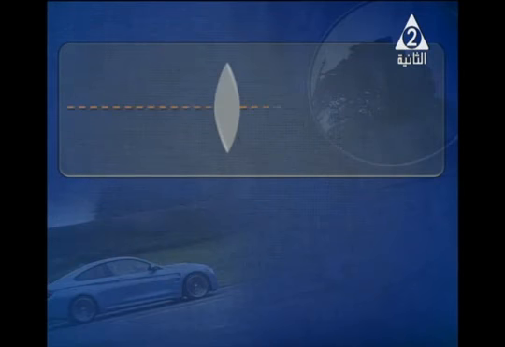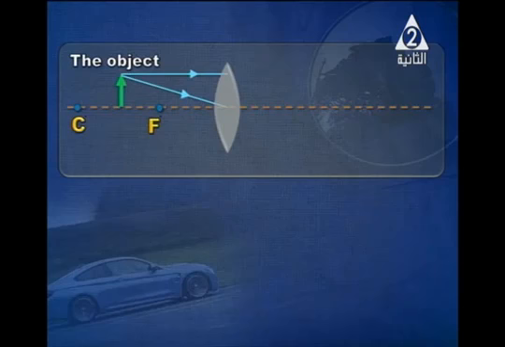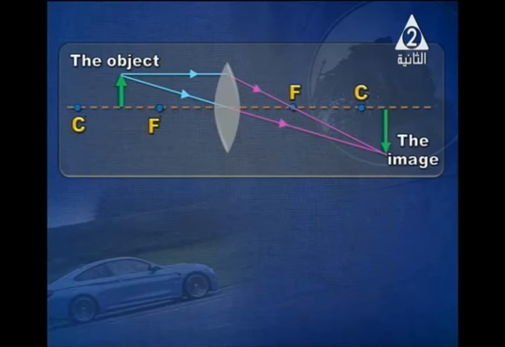The fourth case, when the object is placed between the center of curvature and the focus of the lens. This object will send 2 rays. The first ray is parallel to the principal axis, which will refract passing through the focus. The other one will fall passing through the optical center of the lens, forming an image after the center of curvature.